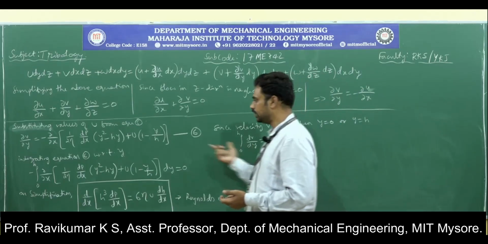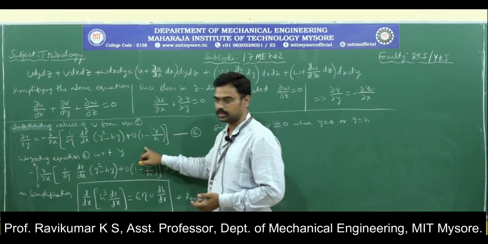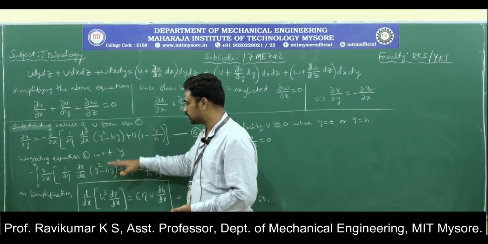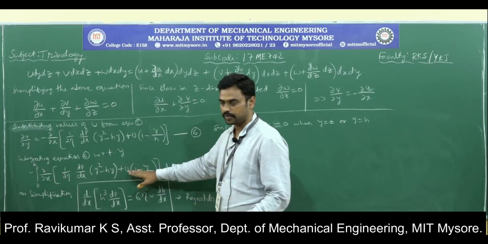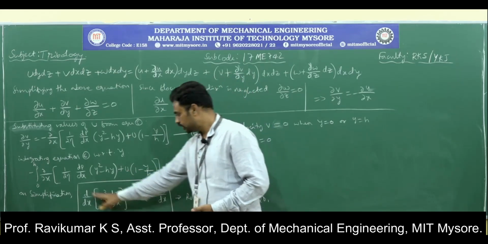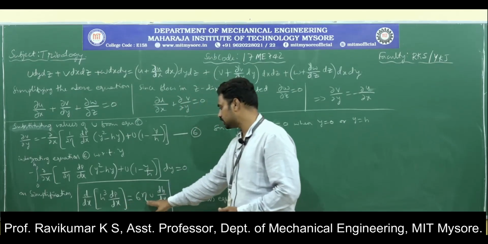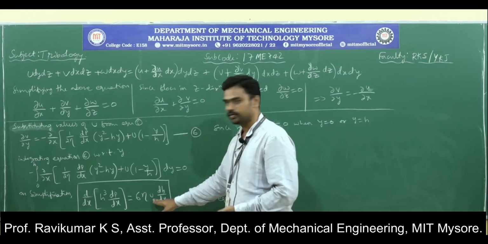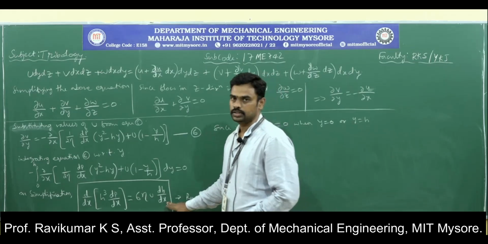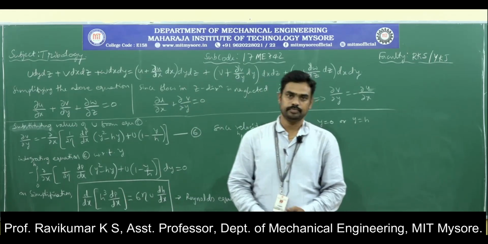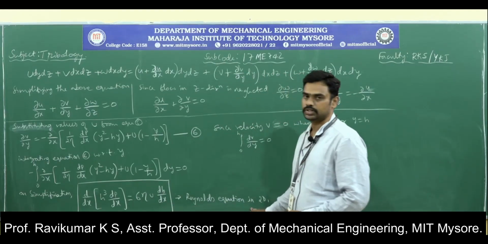If I apply this condition to equation number 5, and if you integrate equation number 6 by considering the limits 0 to h, on simplification you will find this equation: d by dx of h cube dp by dx, which is the pressure gradient, is equal to 6 into the viscosity of the fluid multiplied by the velocity into dh by dx. You can still simplify this equation, but for academic purposes this much is enough. So you can call this the Reynolds equation in 2 dimensions.